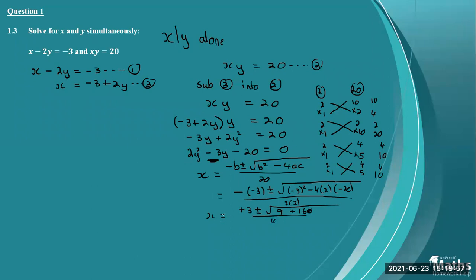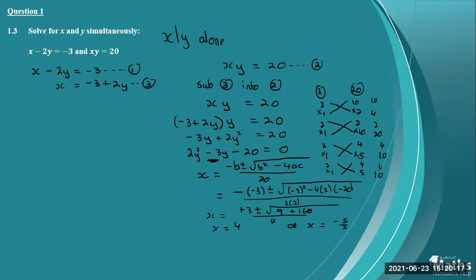Now, if you carry on working this out, you are going to sit with an answer where x is equal to 4, and the other one is going to give you where x is equal to negative 5 over 2.